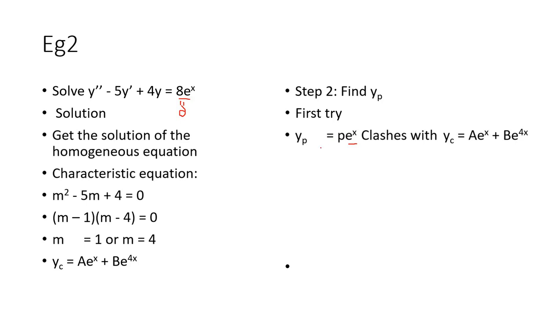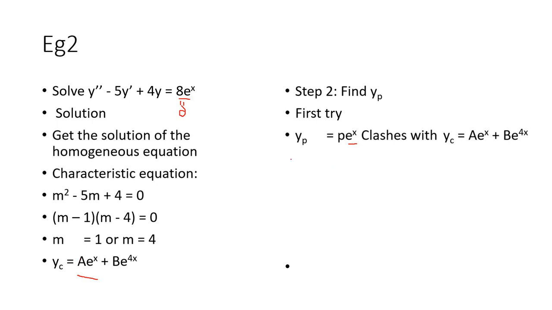And then after you choose a yp, you have to check whether the yp clashes with your yc or not. So you see p exponent x and a exponent x is actually the same form, same pattern. Don't say this is a, this is p, different. We said same form, same expression.